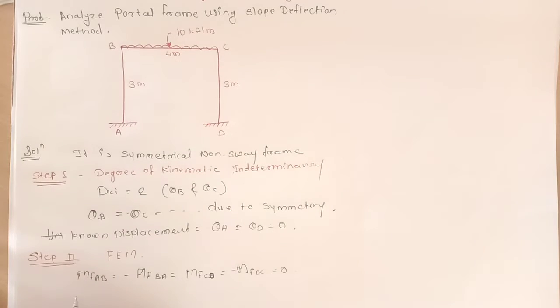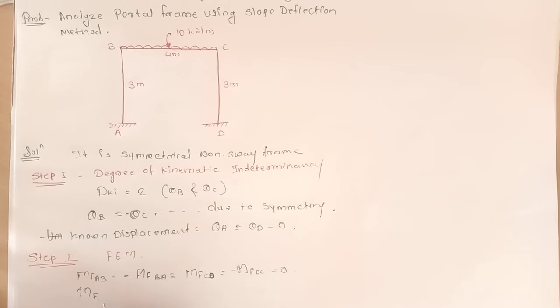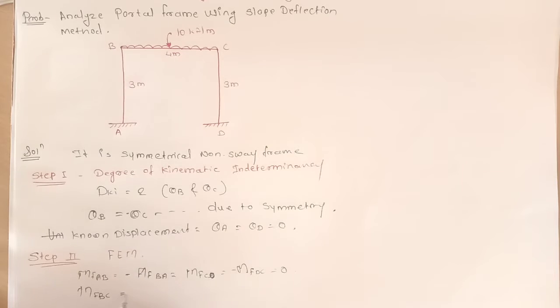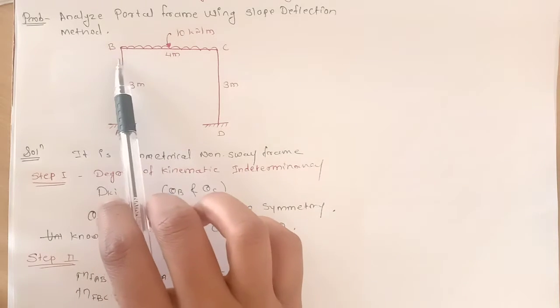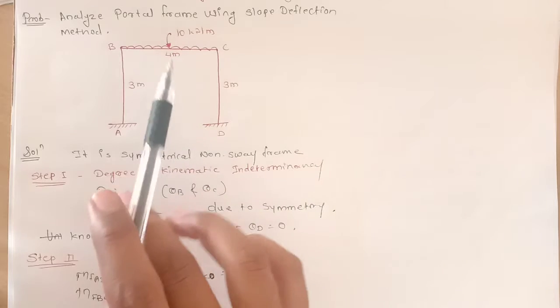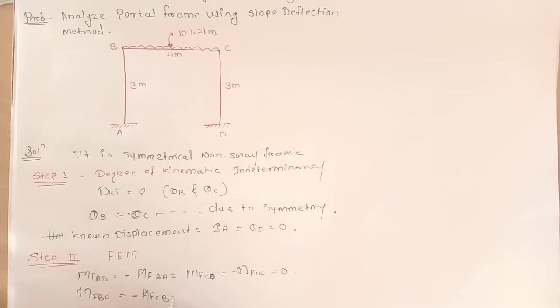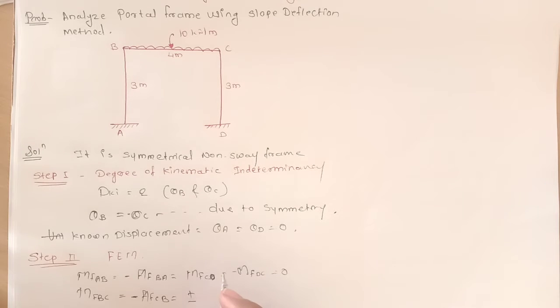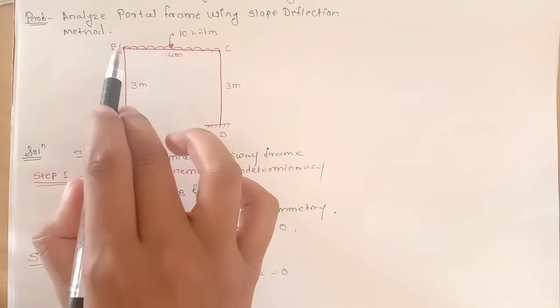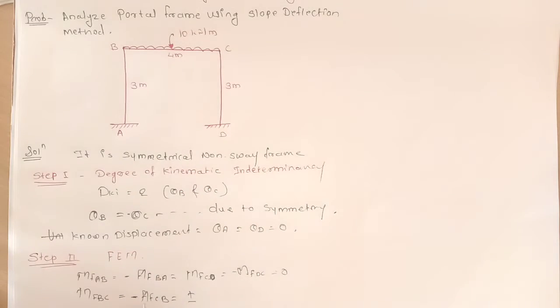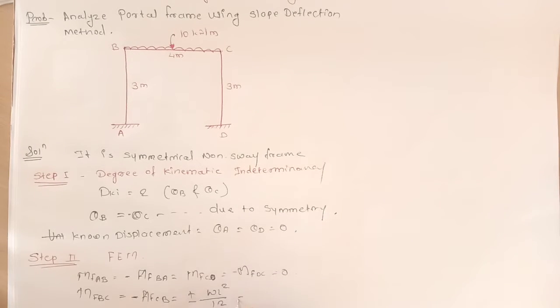Then next, take the BC member. First, the fixed end moment for member BC. You can see in this BC member a 10 kilonewton per meter UDL acts. So the formula is plus or minus; we take the plus sign for BC and the minus sign for the fixed end moment for member CB. The formula is W L square divided by 12.